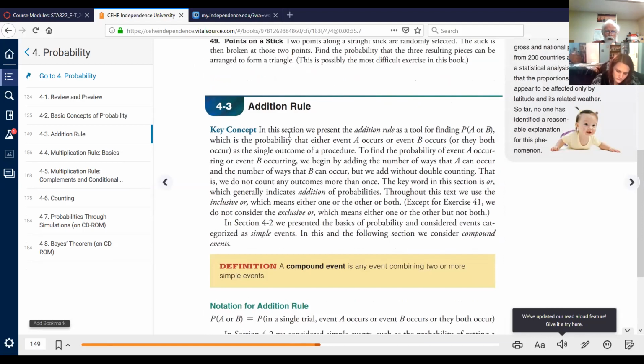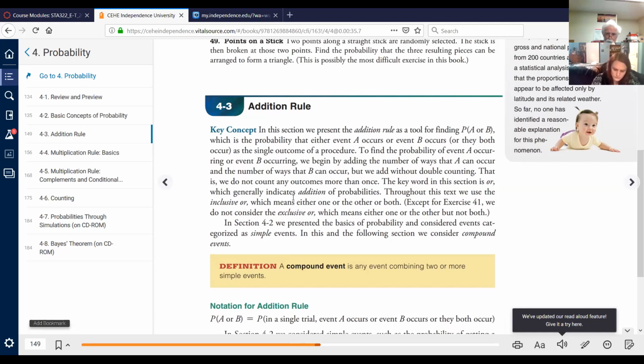To use the die example, if you roll the die one time, there is a 1 chance in 6 of a 6 coming up. But if you're looking for either a 6 or a 5, there are 2 chances. So now your probability has increased to 1/3 of being either a 6 or a 5.